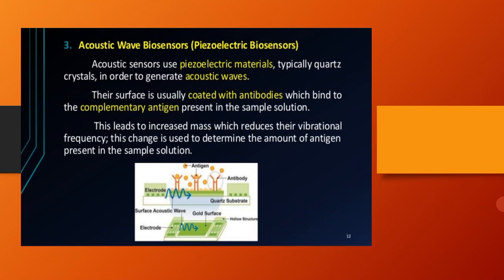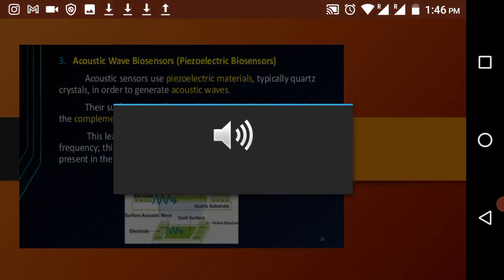of these waves is usually coated with the receptor biomolecule, the antibodies, which bind to the complementary antigen that can be present in our sample. Then the antigen antibody reaction takes place. If the reaction is positive, the antigen will bind to the antibody present at the surface of the biosensor.